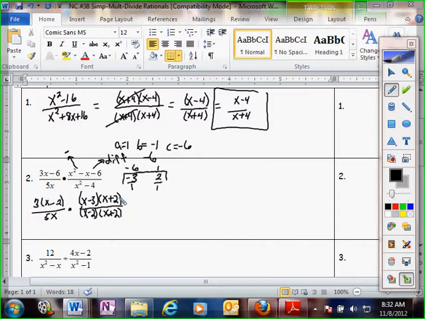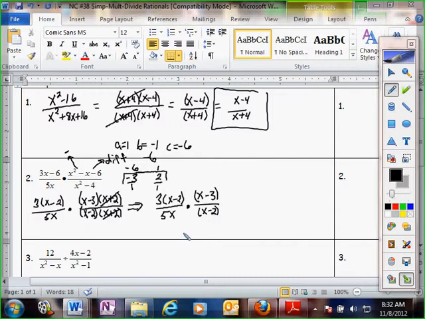Because I have multiplication on top and on bottom, the x plus 2's cancel. And what I'm left with here so far, going back to here, I have 3 times x minus 2 over 5x times x minus 3 over x minus 2.